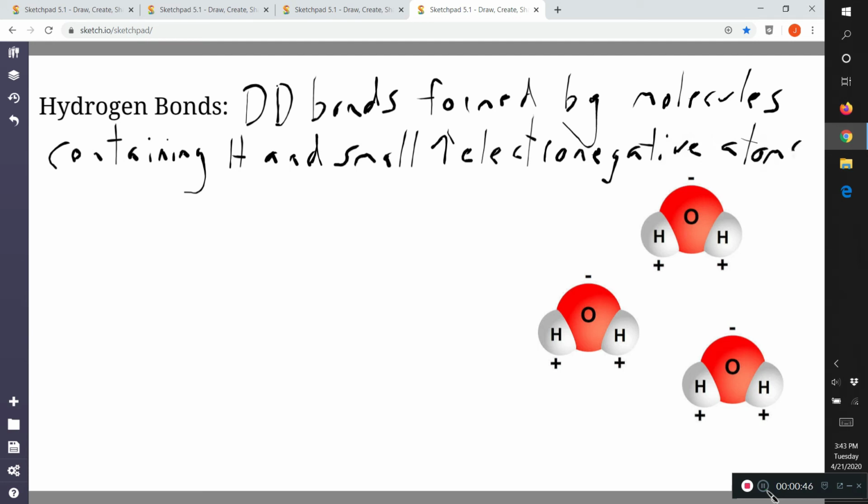So generally these occur when you have hydrogen and oxygen. So when we say small, very highly electronegative atoms, that will include oxygen, nitrogen, and fluorine.